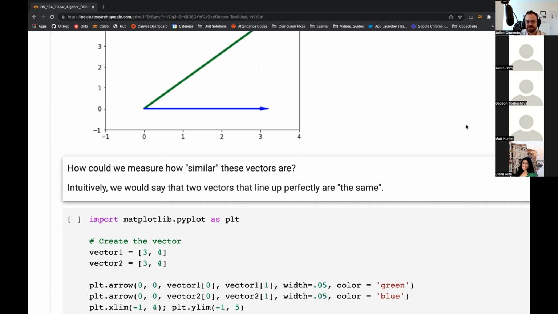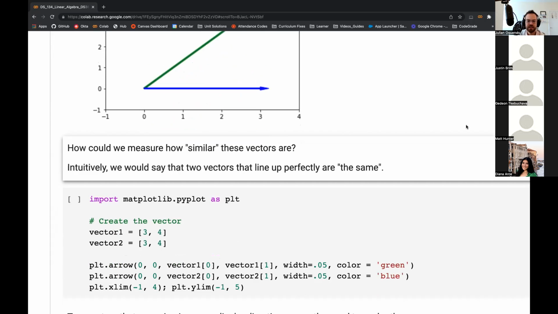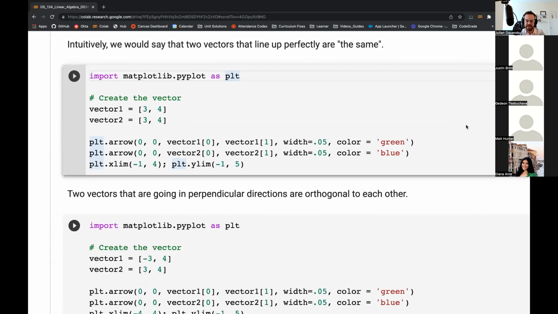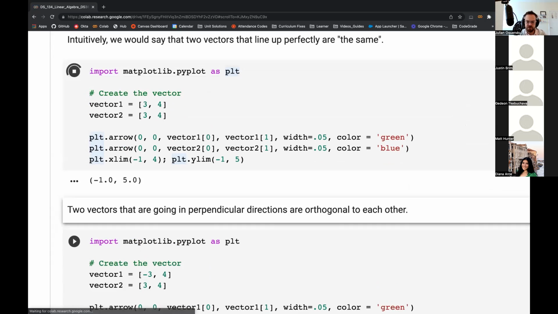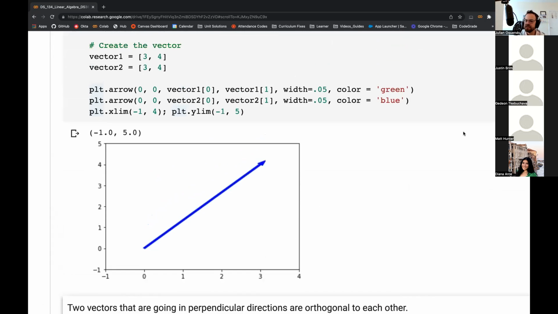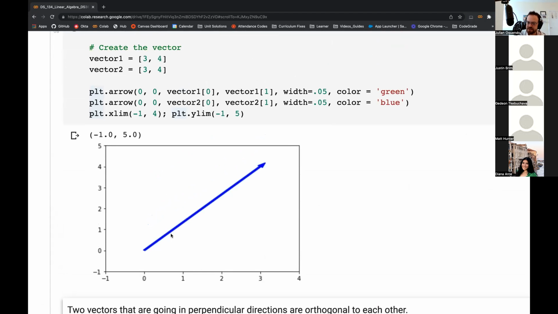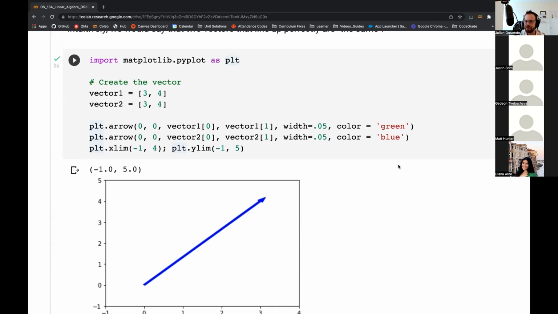And if they're not the same, how could we measure how similar they are? In the event of two vectors that are exactly the same, those vectors would have to be in the same space with the same origin as well as the same magnitude or length.